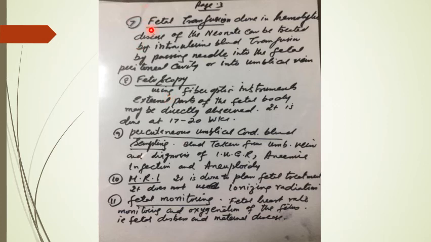Number seven is the fetal transfusion. Hemolytic disease of the newborn can be treated by intrauterine blood transfusion. One can give the blood transfusion to the fetus by passing a needle into the fetal peritoneal cavity or abdominal cavity, and into the umbilical vein.